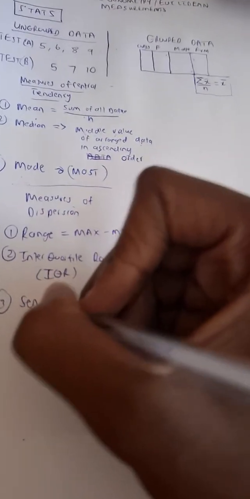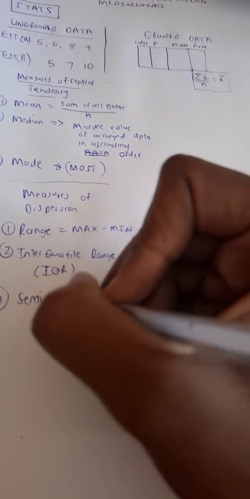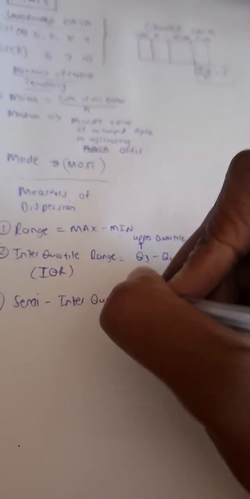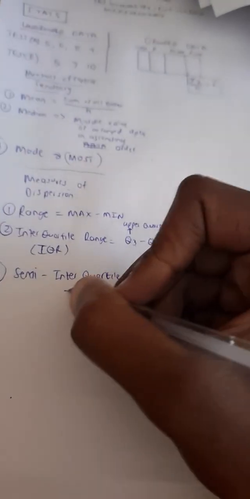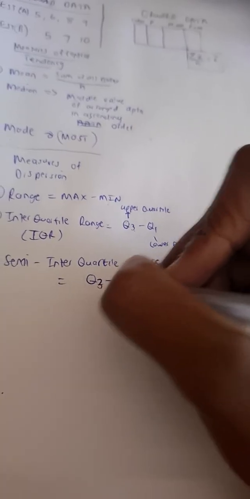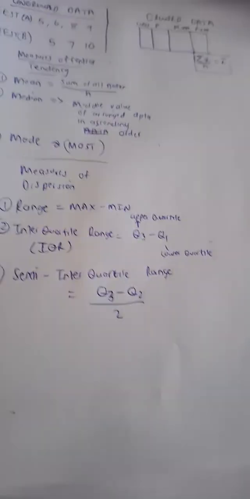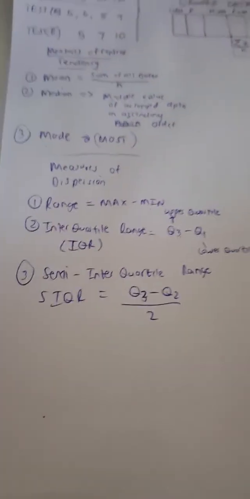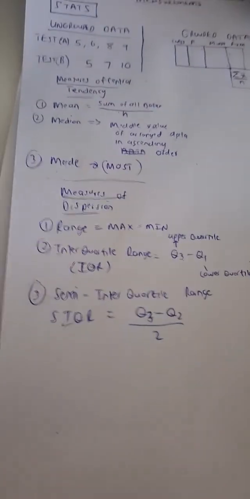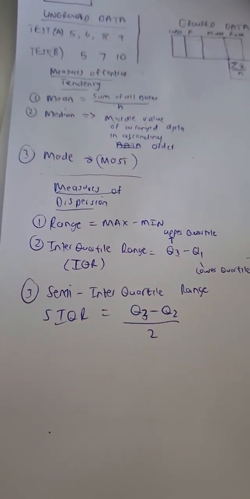Then 3, we have what we call semi-interquartile range. Semi-interquartile range is basically Q3 minus Q1 over 2. So that is your SIQR. So these are what we call the measures of dispersion.